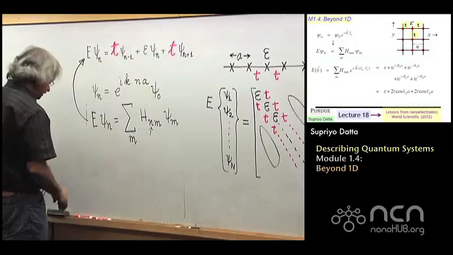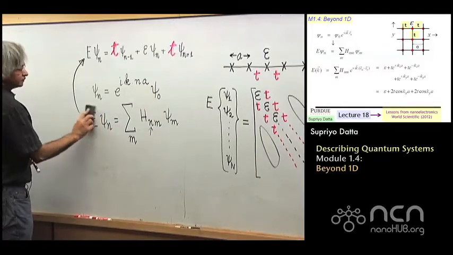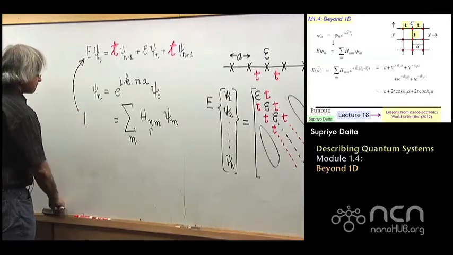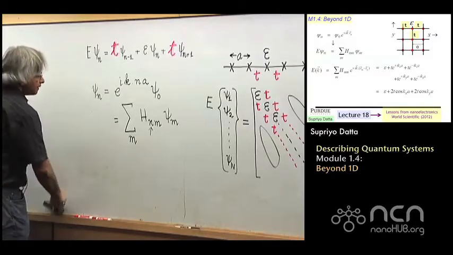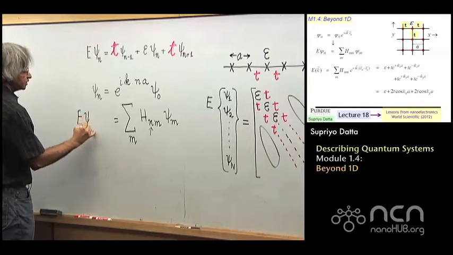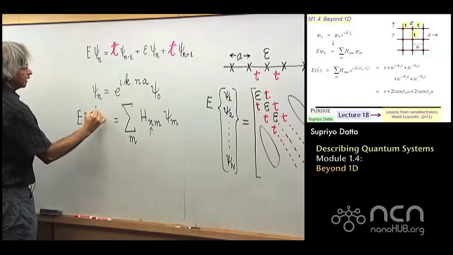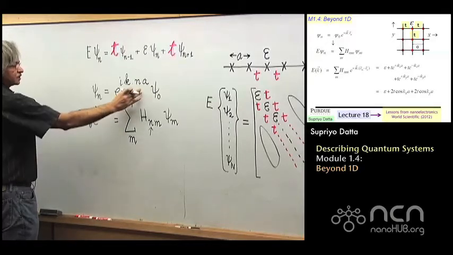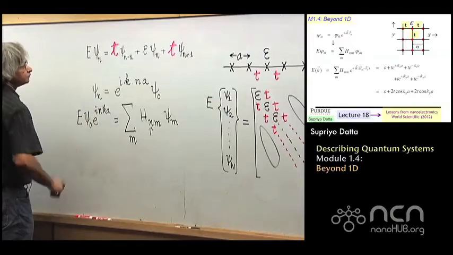So if I substitute that in here, what I'd get is psi 0 e to the power I n k a. So I just substituted this in here, this side.